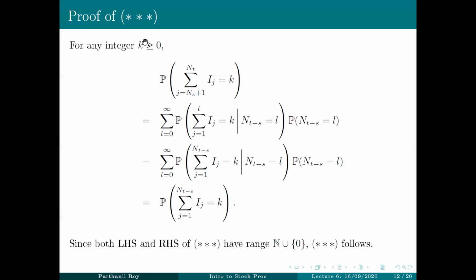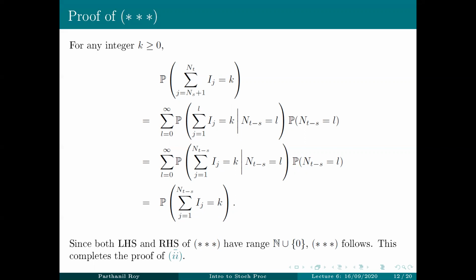And I've shown that for all non-negative integers k, this equality holds. This is equal to this, and therefore this random variable is equal in distribution with this random variable, proving star, star, star. And this completes the proof of 2 bar.